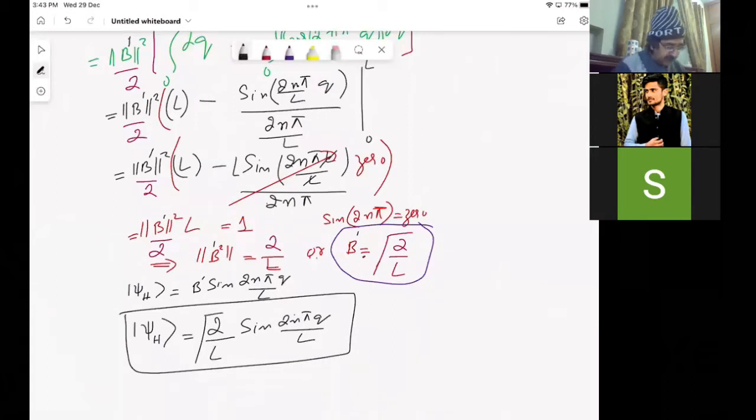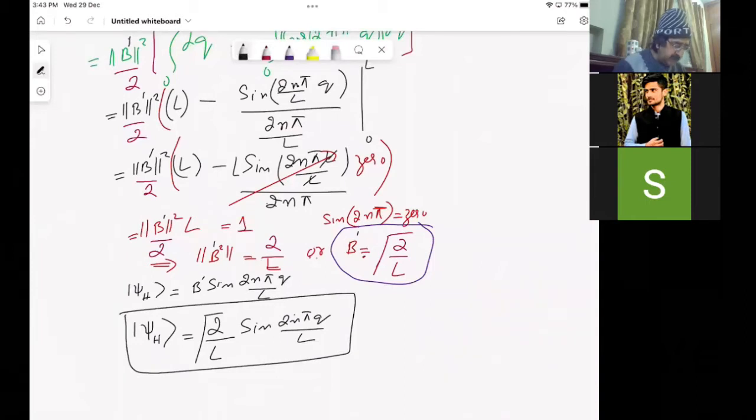This is the eigenstate of the Hamiltonian for a particle bound in an infinite potential well. So this is the eigenstate.